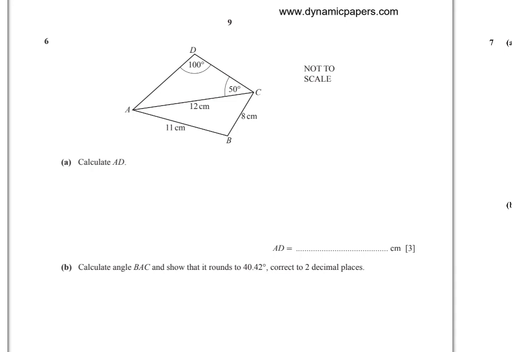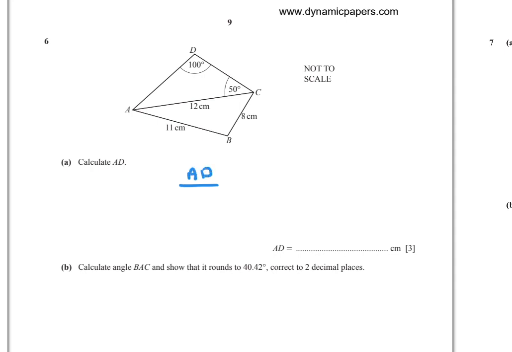Number 6, calculate AD. In triangle ADC, we have two angles and one side, so sine rule. So AD over sine 50 equals 12 over sine 100.